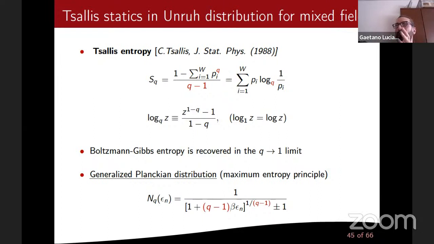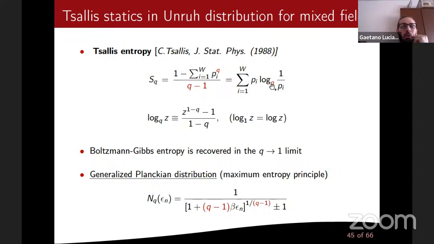And since the flavor vacuum is made up of entangled particle-antiparticle pairs, in principle this Tsallis distribution, which is defined by this equation, can be a good paradigm to describe the neutrino statistics in the presence of mixing.